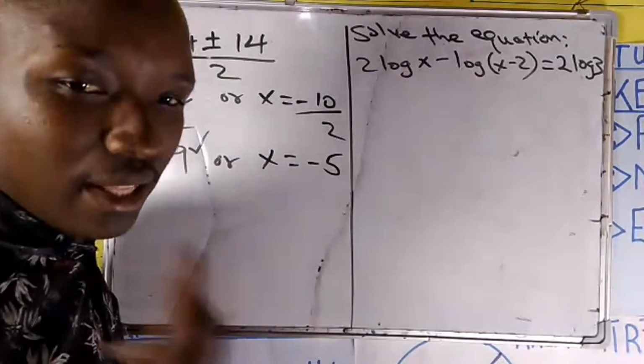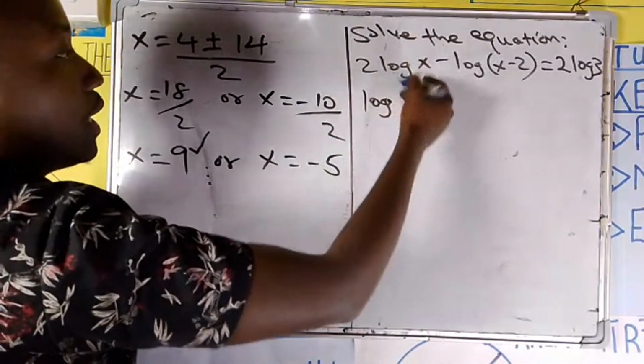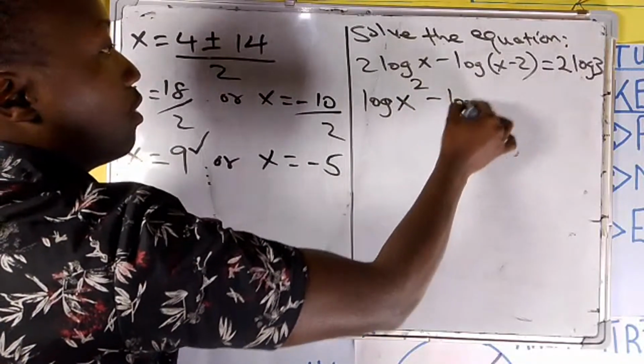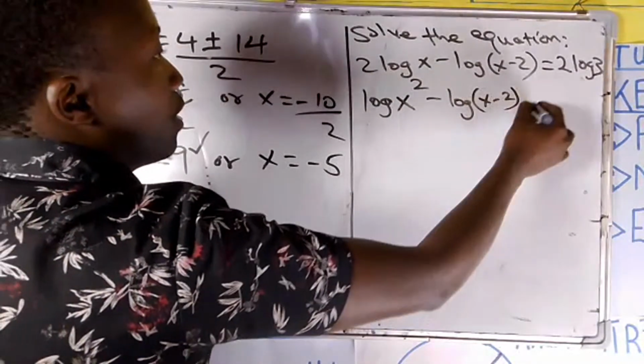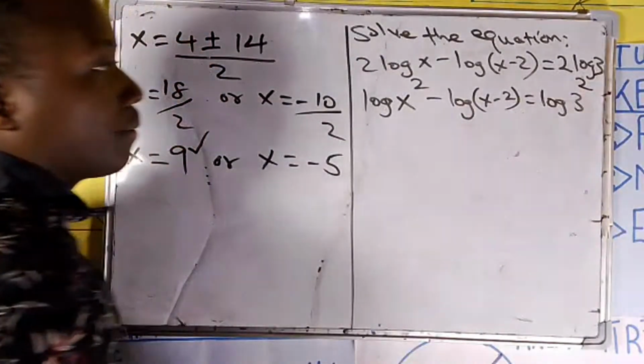So with having the rules in mind, you ought to know that 2 log x is the same as log x squared minus log x minus 2 is equal to log 3 squared.